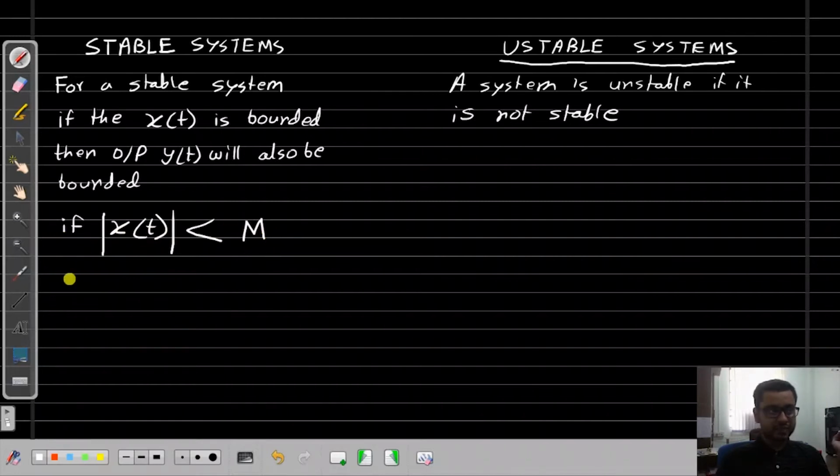If this is the case, then for a stable system, the absolute value of the output will also be bounded. It will be less than some, maybe a different number, m2. Call them m1 and m2.